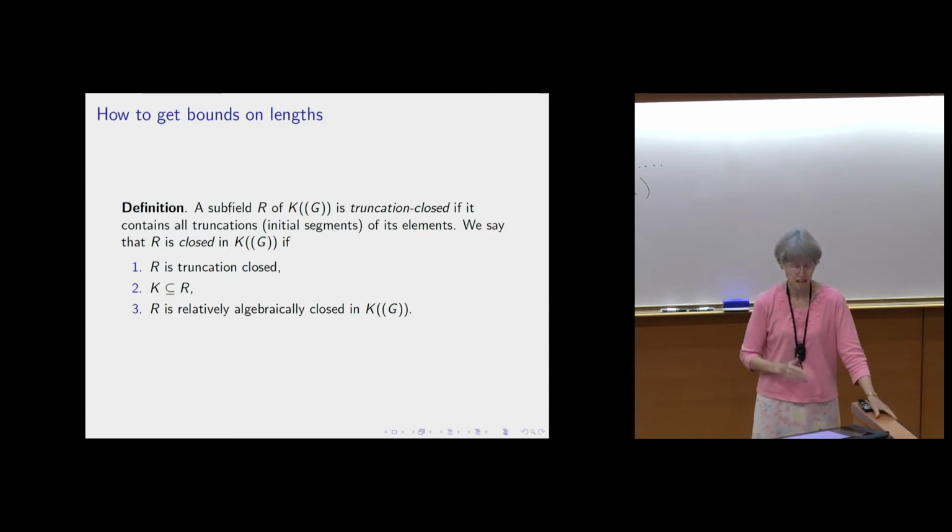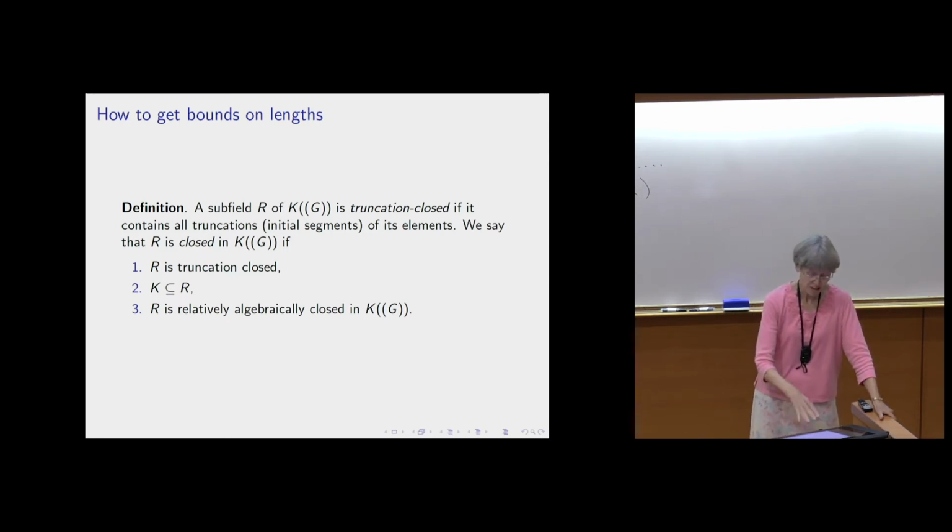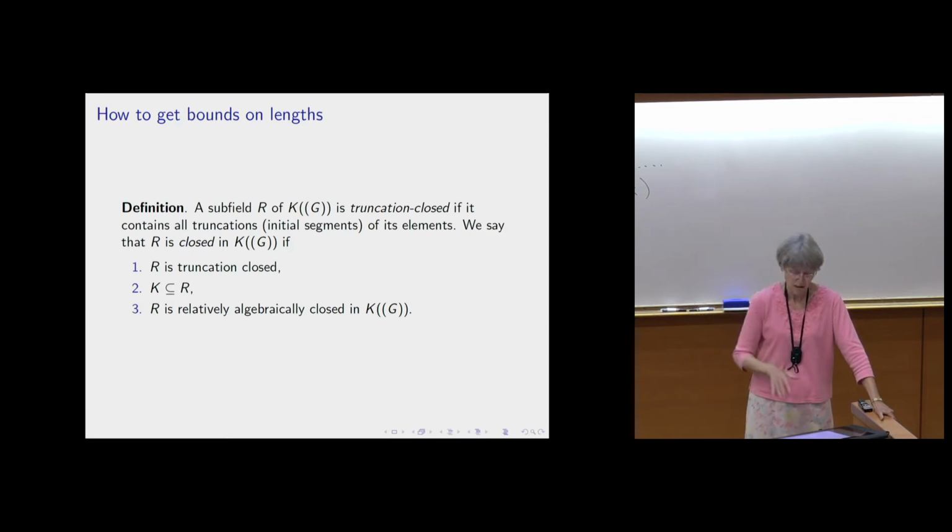So that's truncation closed. And we'll say that it's closed in K((G)), just for short, if it's truncation closed and also relatively algebraically closed. We could have taken a real closed field K, and then we wouldn't want all roots of polynomials. We want the ones that should be there. So if K((G)) has a root of a polynomial over R, then R should have it also.